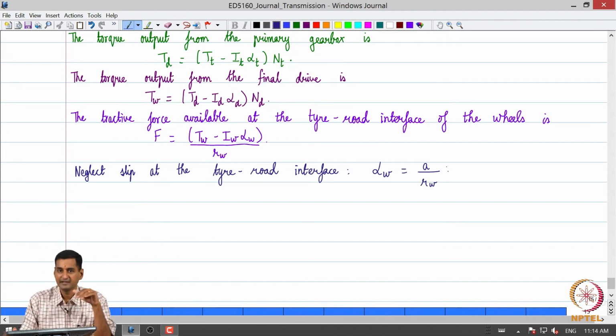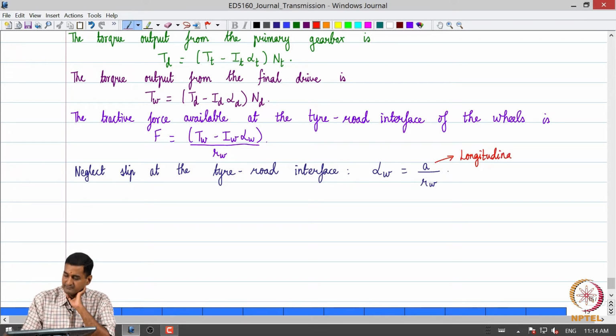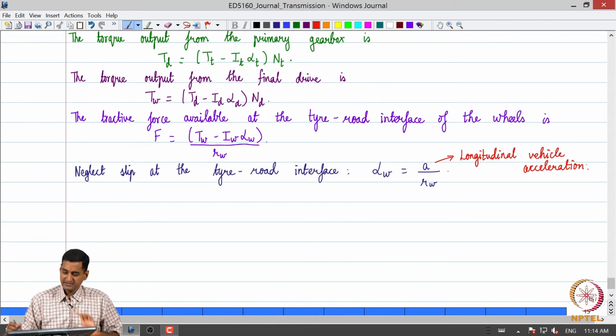So, by neglecting the wheel slip, this is nothing but the longitudinal vehicle acceleration divided by the wheel radius. So, that is alpha w.